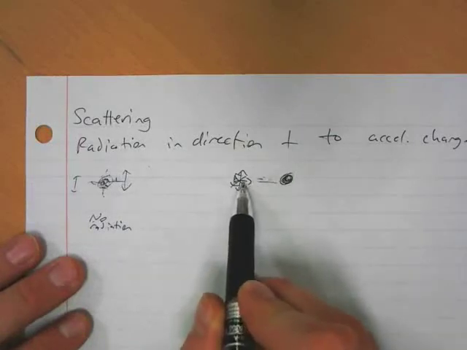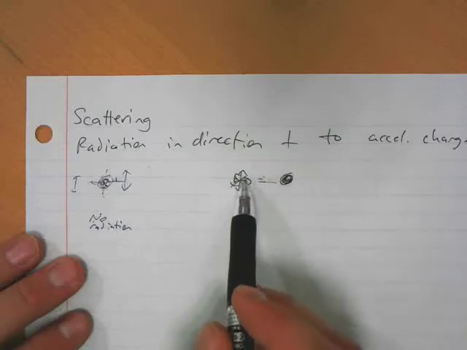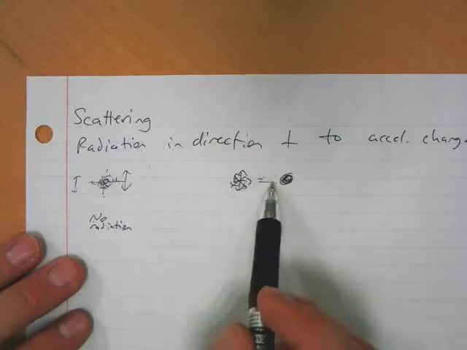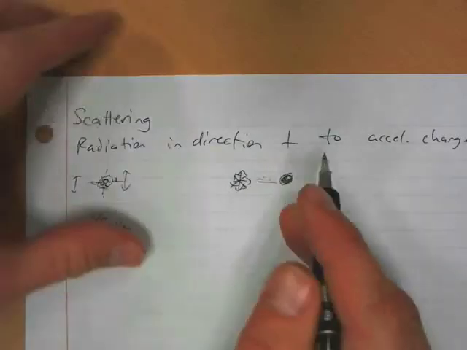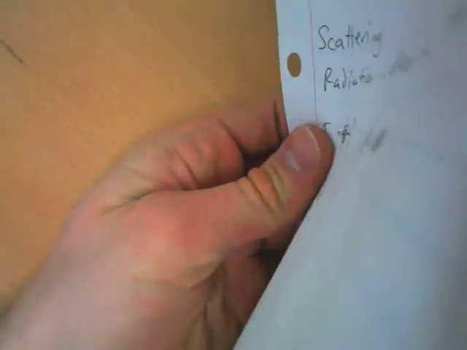That means that the E field is oriented in all different directions. But if it's moving to the right, this wouldn't be an accurate way to draw it. Really, if it's moving to the right, it would be like a side view here. It's radiating in all directions in the plane of the page, but there is no polarization going into the page or out of the page, if that makes sense, hopefully.